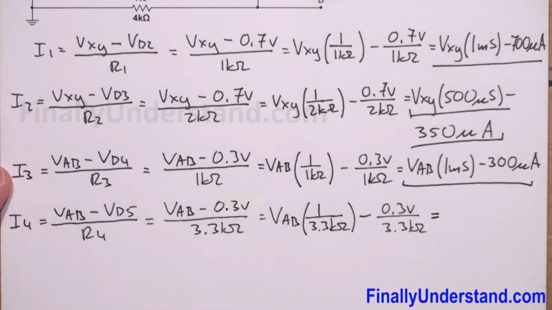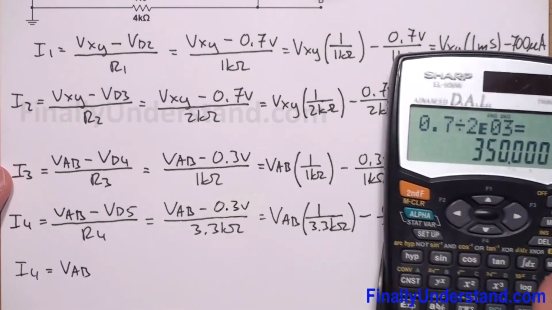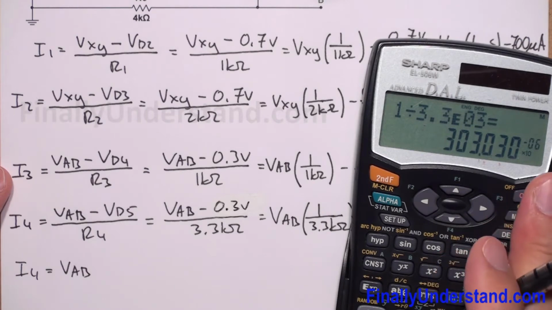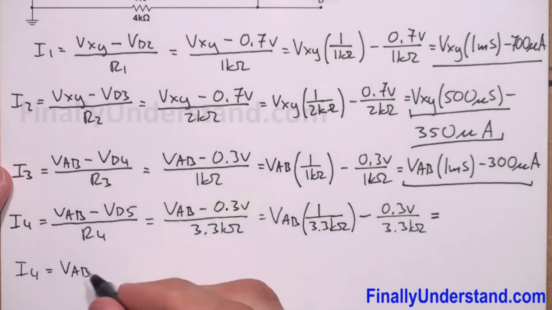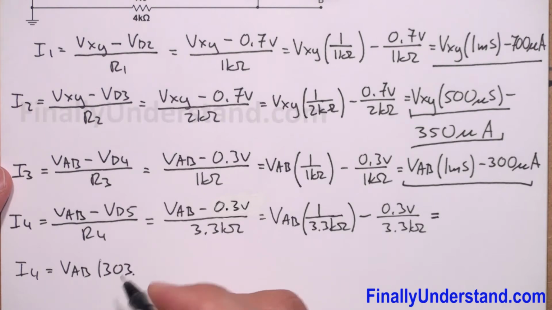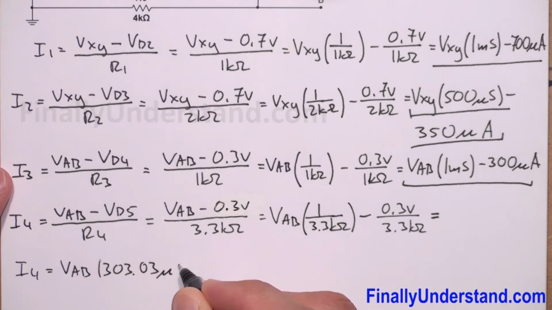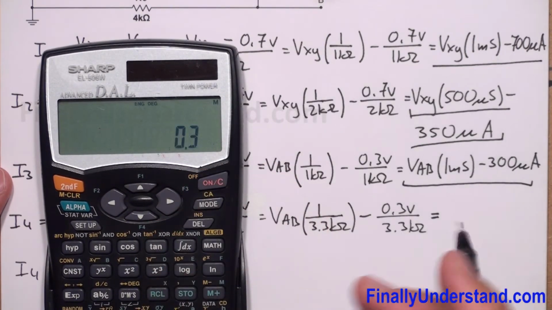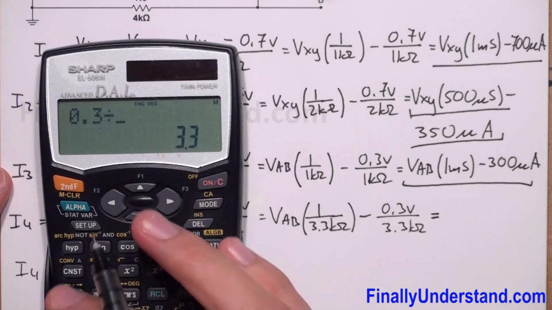This is equal to I4, VAB times 1 divided by 3.3 kilo ohms, so I have 1 divided by 3.3 times 10 to the 3, which equals 303.03 microsiemens, minus 0.3 divided by 3.3 times 10 to the 3.